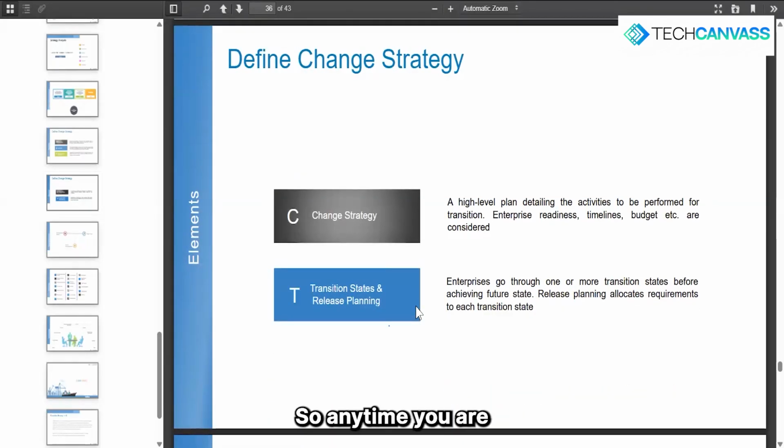Anytime you're moving from your current state to future state, it's not going to happen suddenly. It will take time, and you'll have to go through small phases. In IT, you will see this in the form of release cycles. It may be weekly, bi-weekly, or monthly, and finally we reach that goal. In your case, it could be doing my first mock exam with Techcanvass, then another 15 days I'll take to do the second one.